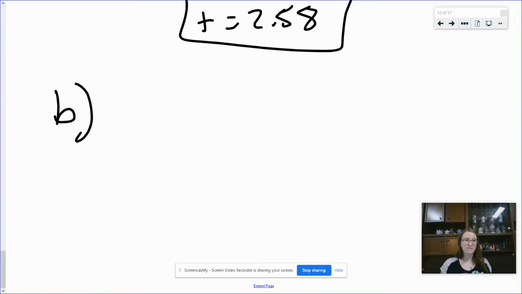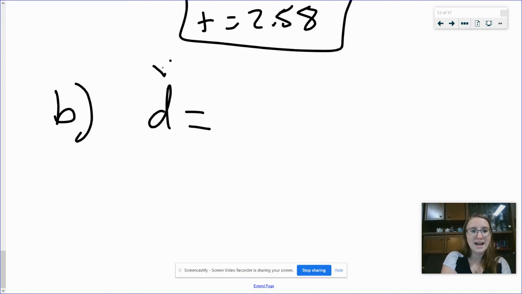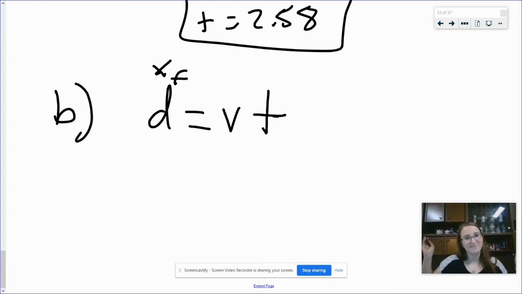This goes back to a very easy formula we talked about in the very beginning, that your distance, or if you want to call this x, you can, equals your velocity times time. This is a very, very easy formula to work with because, again, we're looking at just the horizontal velocity. We're going this way for 2.58 seconds.